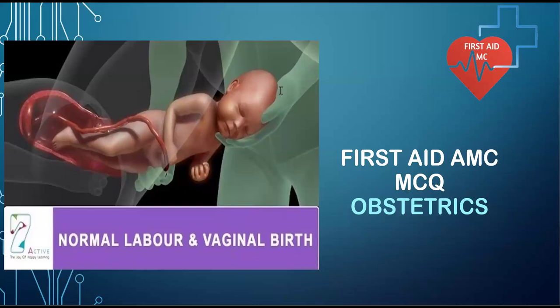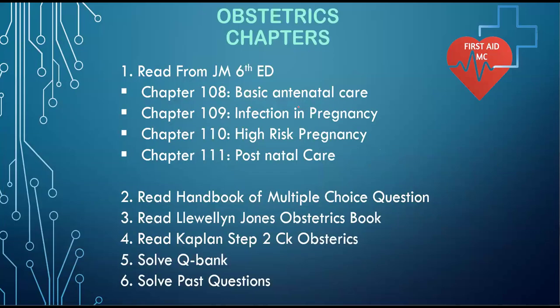Okay, so for obstetrics, we will come to this video later on. The chapters that we are going to go through for obstetrics are mainly from John Murtagh, and there are a few other things that we go through. John Murtagh's 7th and 8th edition does not have enough topics related to obstetrics.